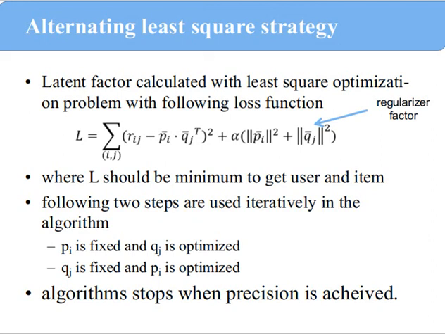Then qj is fixed and pi is optimized, and the algorithm iterates both of these steps till the precision is reached. The precision means the least loss, which does not get further degraded. In this way, we have used the least square strategy to get the ranking.